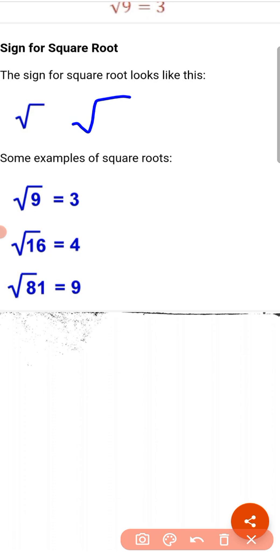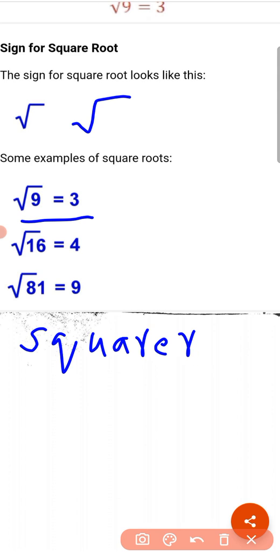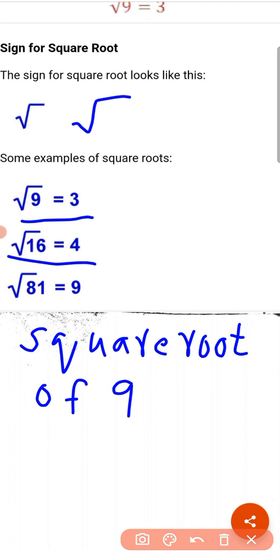We can read these as square root of 9. This is square root of 16. This is square root of 81.